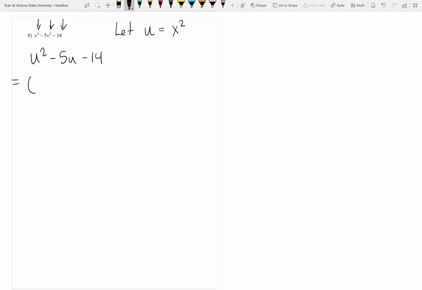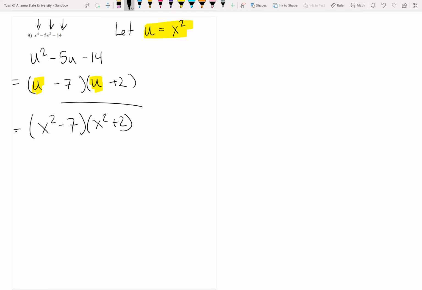So that factorizes into u minus 7 and u plus 2. That would be the factored form for the u quadratic, but our original problem started with x's. So wherever you see a u, just back substitute the variable substitution. So the factored form should be x squared minus 7, x squared plus 2.